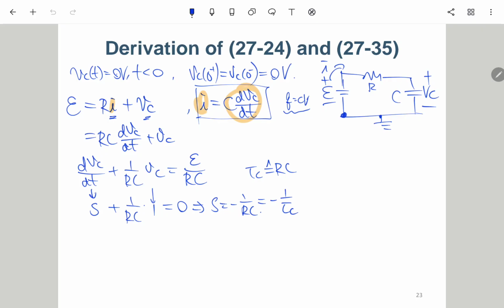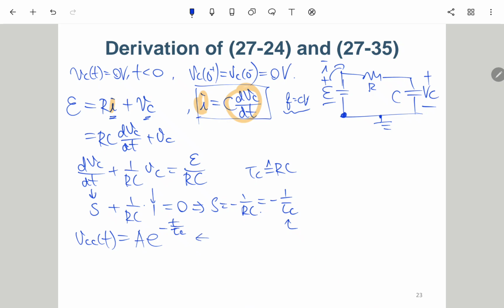So the VC complementary part will be A times exponential to negative t over tau C, or RC. This is the time constant for the RC circuit. Last time the time constant for the RL circuit was L over R, and this time it is RC.